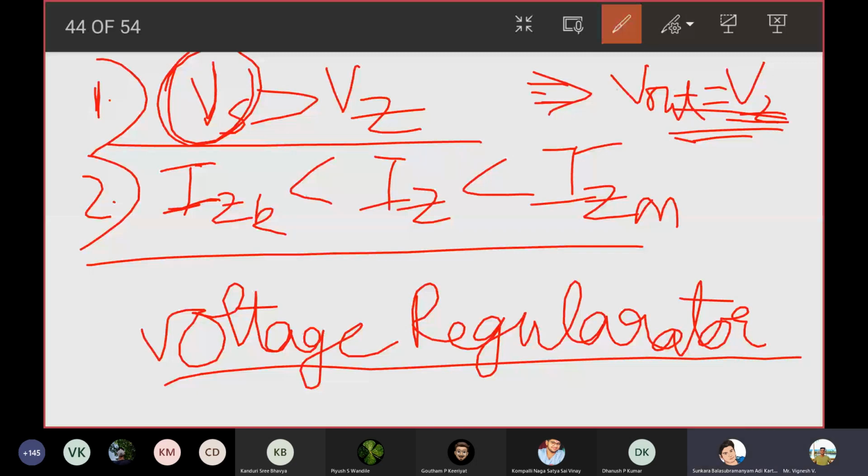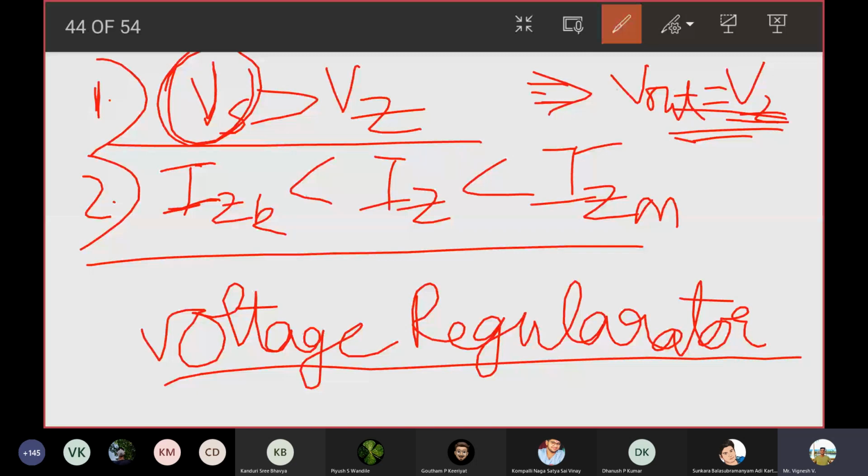It is the same way that a PN junction diode is always functional only in the forward bias. You should not be concerned about what happens to the PN junction diode in reverse bias. You know that the current is zero; you assume that it is open circuited. In the same way, the Zener diode's particular application is only in the breakdown condition.